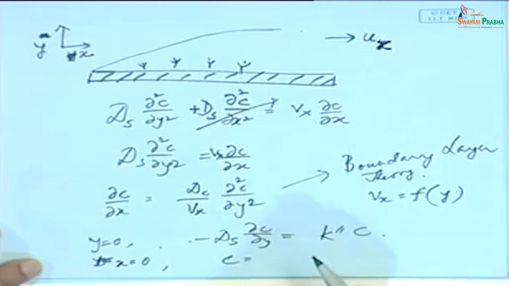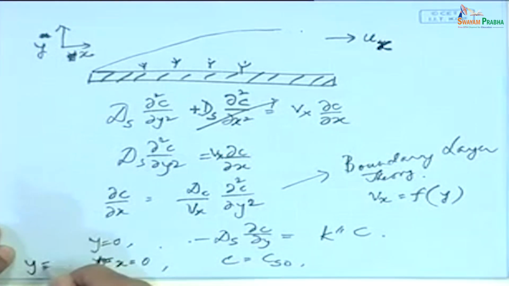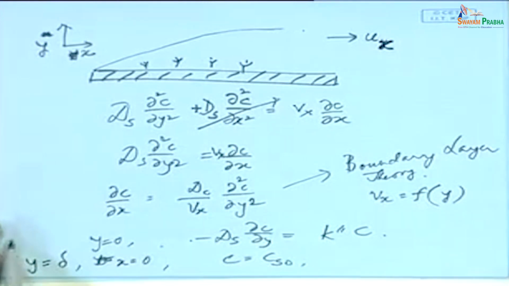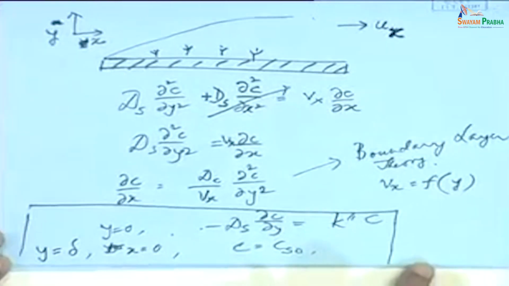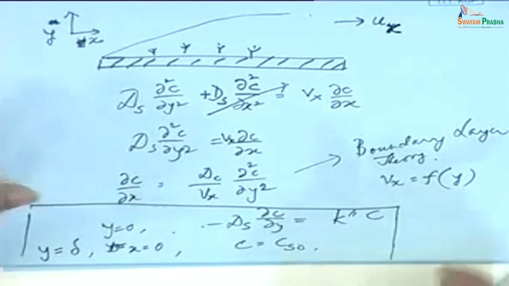Yeah, c equals Cs naught or something, and similarly outside the boundary layer, y equals delta. So, these two would be your boundary conditions, okay, fine. So, you can just go ahead and solve this.